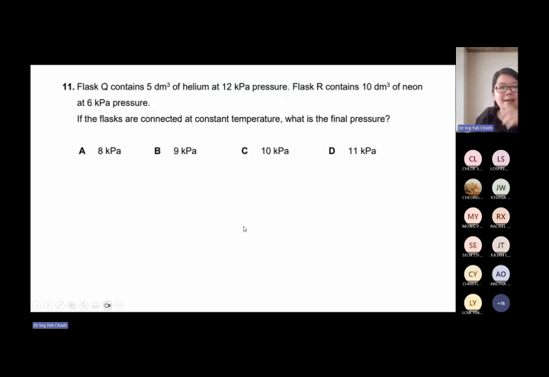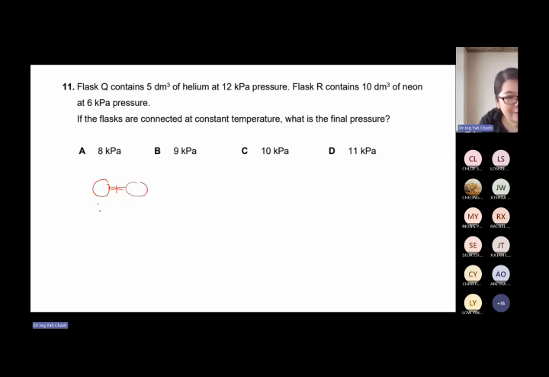Okay. Question 11. A flask Q contains 5 liter of helium at 12 kilopascal pressure. Flask R contains 10 liter of neon at 6 kilopascal. Now they want to connect these two flasks. Let's say they are not connected at the beginning.